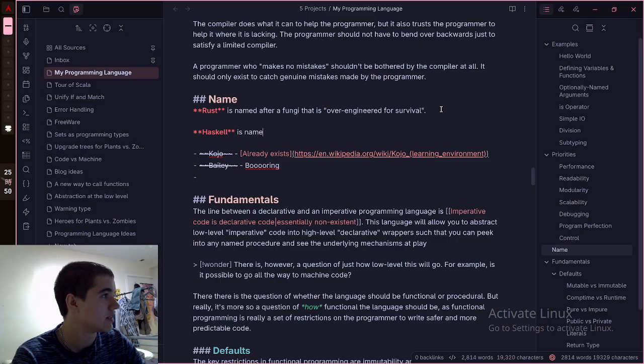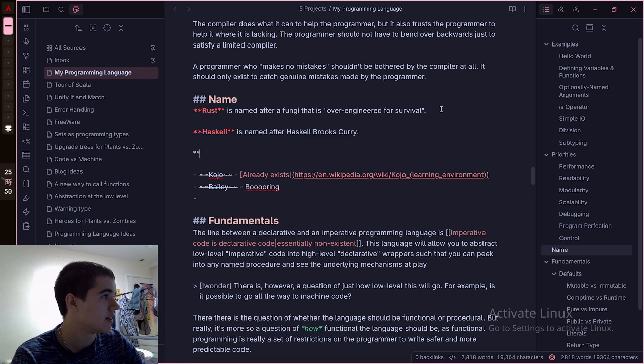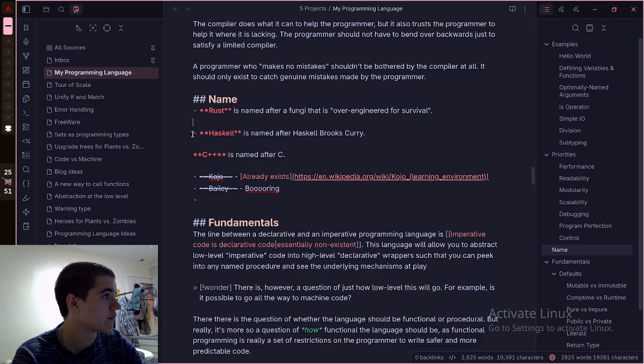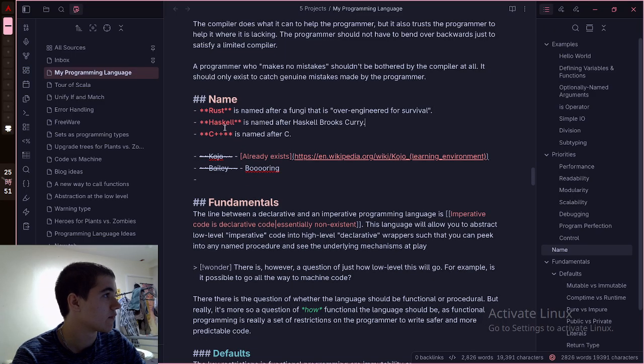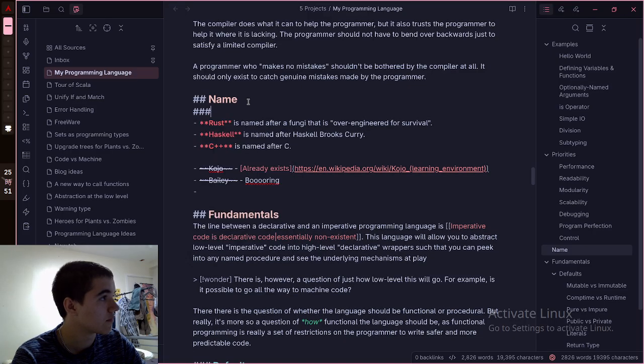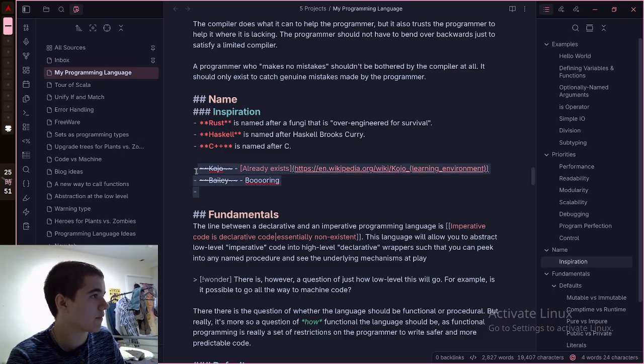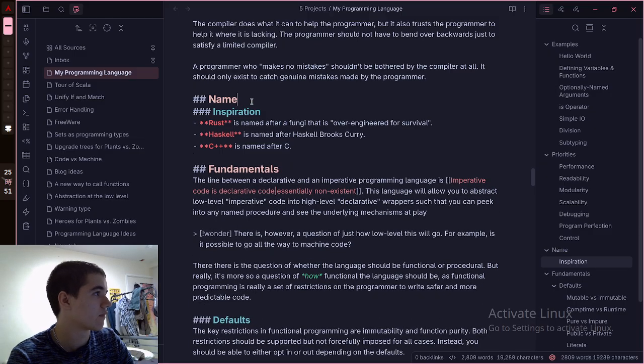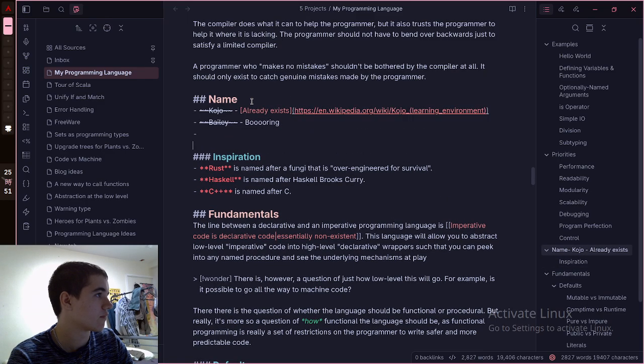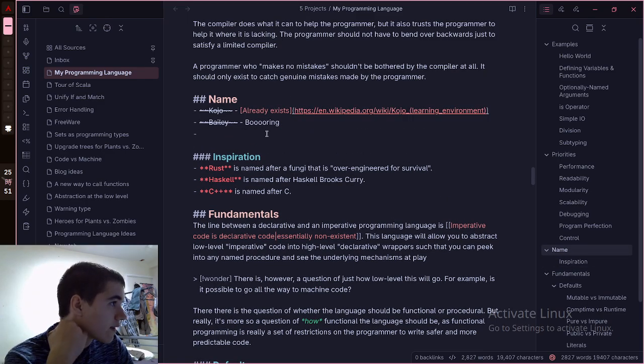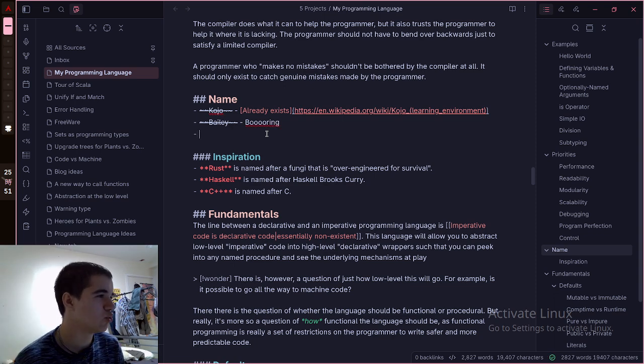Haskell is named after Haskell Brooks Curry. C++ is named after C. Do I know anything that's cool?